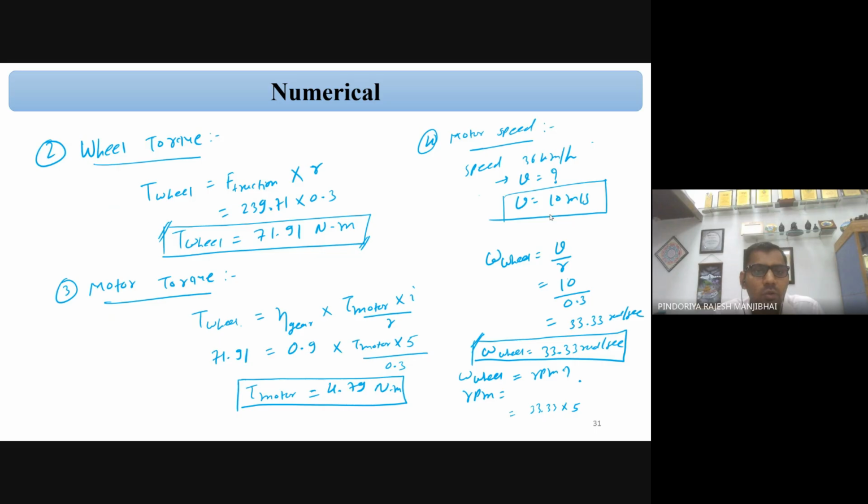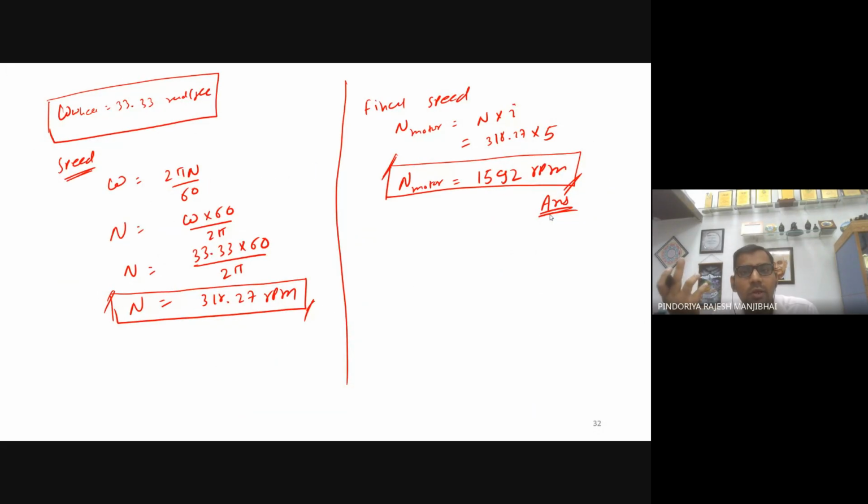Wheel torque is traction force into the radius. Motor torque is wheel torque divided by gear ratio. And finally, how much speed of the wheel, how much speed of the motor. Now any confusion, any query?